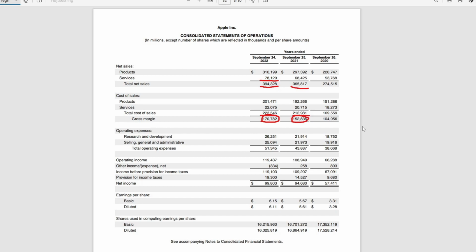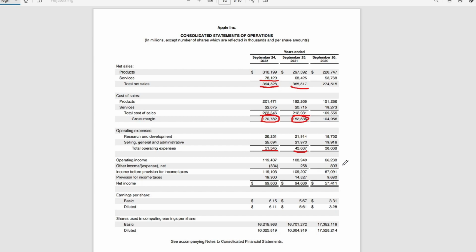Moving on to the operating expenses. We can see that Apple's total operating expenses for 2022 were $51 billion, up from $43 billion in 2021. This increase was largely due to higher research and development expenses, as well as higher selling, general, and administrative expenses.